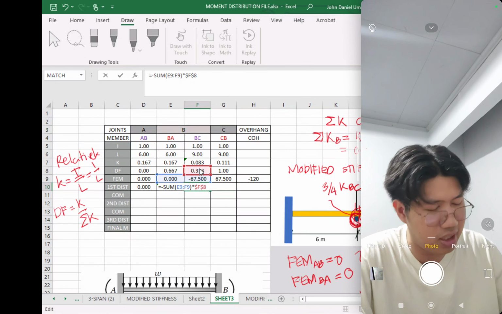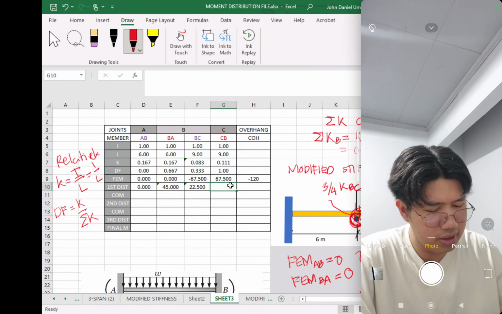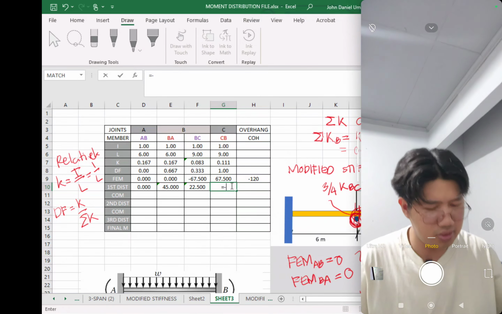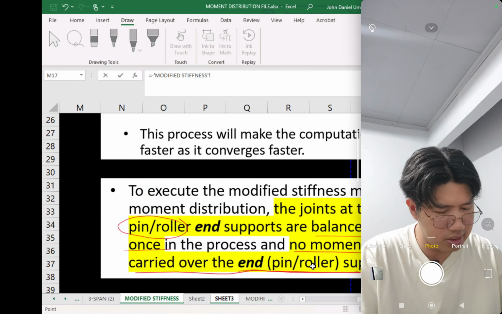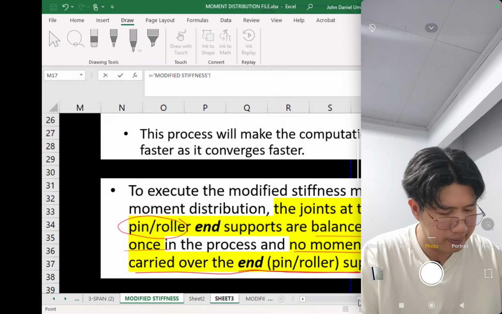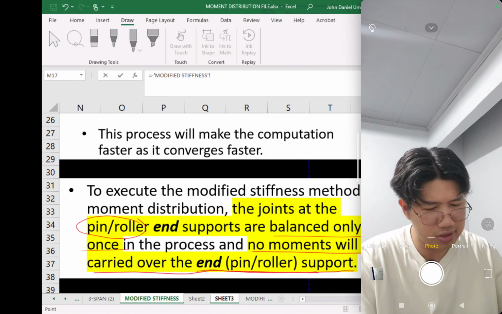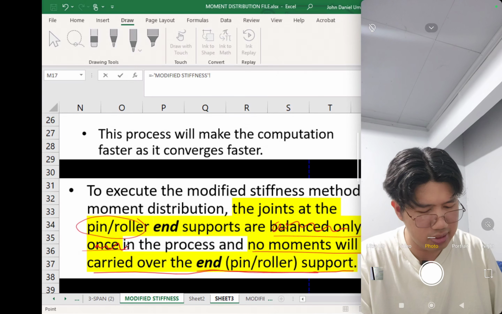So, we must multiply it to the distribution factor BC. Okay, next is equals negative. So, based on sa modified stiffness, we will only balance once. Okay? So, balance only once.